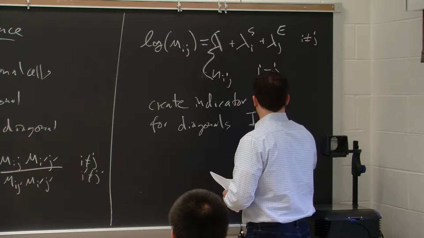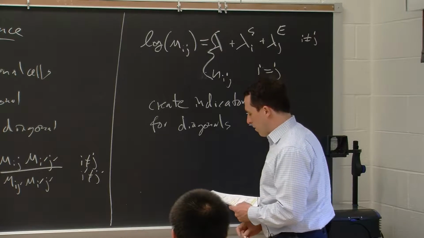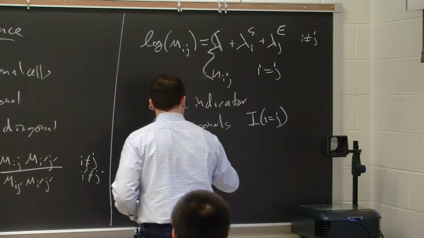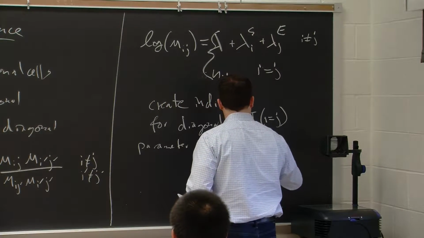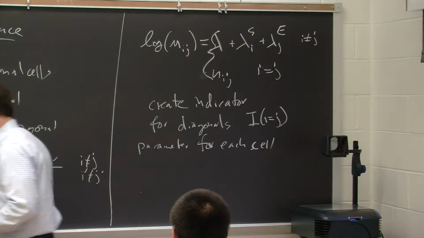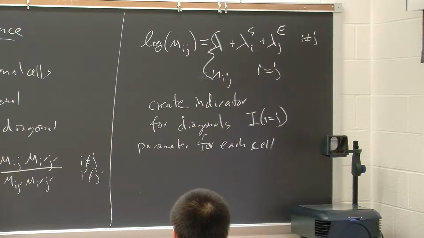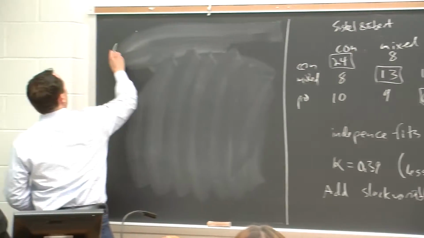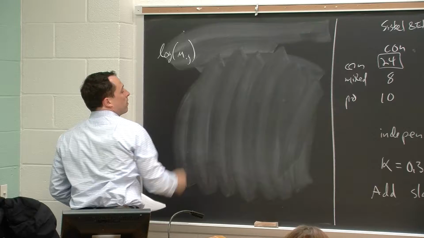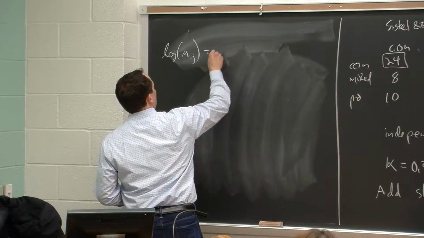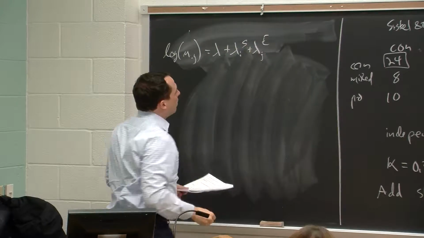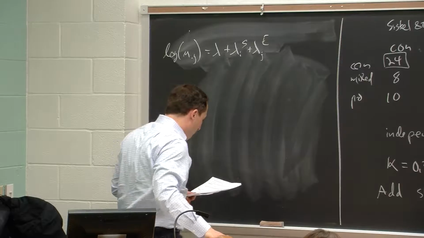Diagonals, so something that is just measuring whether these two things are equal, and we get a parameter for each cell. So that is our model: the count is given by lambda plus parameters for the two marginals.